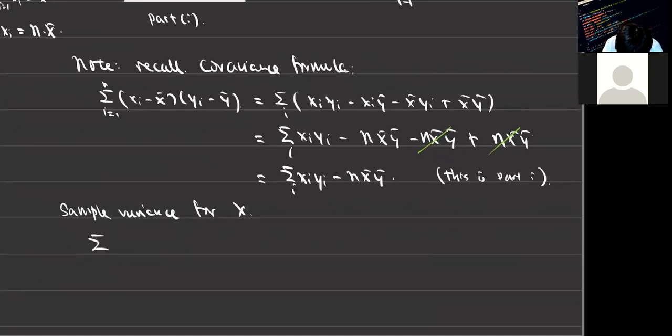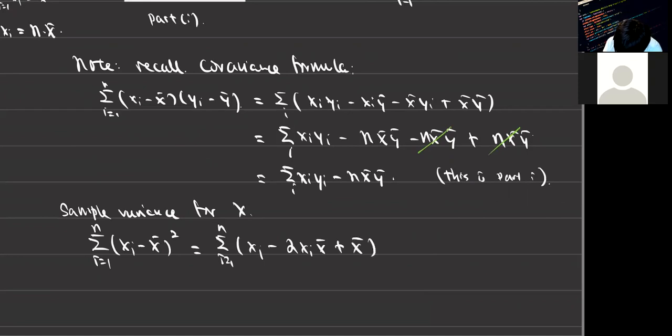So this is i from 1 to n of xi minus x bar squared. Okay, and this also can be opened up. So how do I open that up? This is the sum of xi squared minus 2 xi x bar plus x bar squared, because it's a full square.